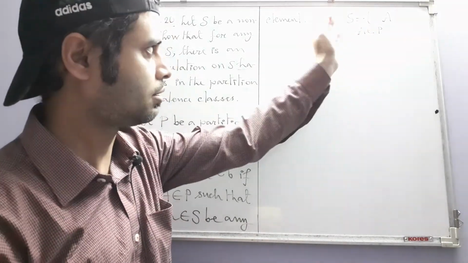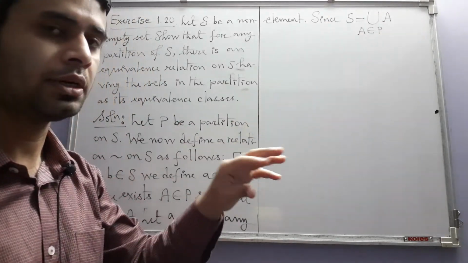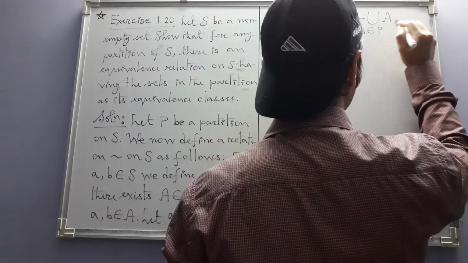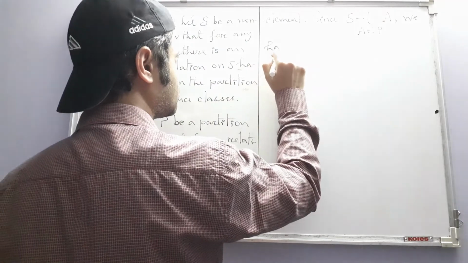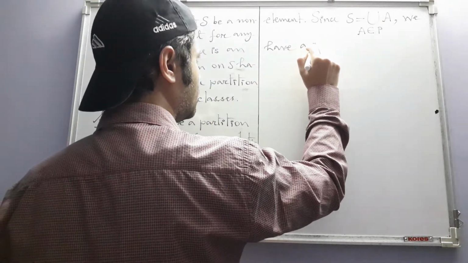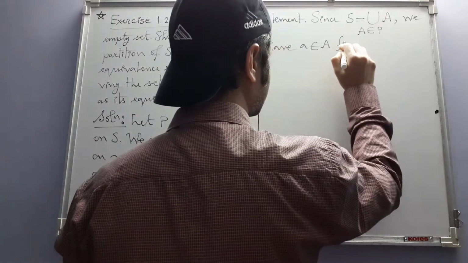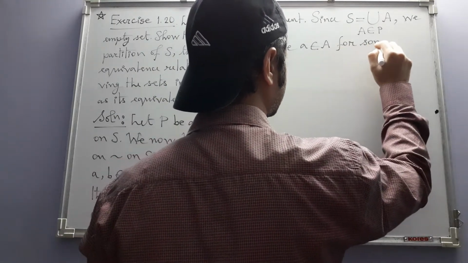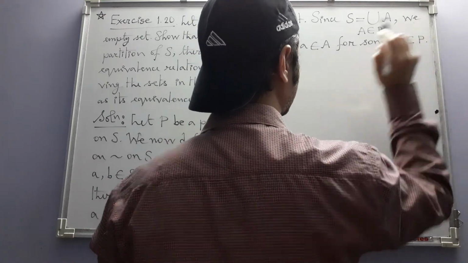Since a being in S will belong to the union, it must be in at least one of the sets. We have a belonging to A for some set in the partition.